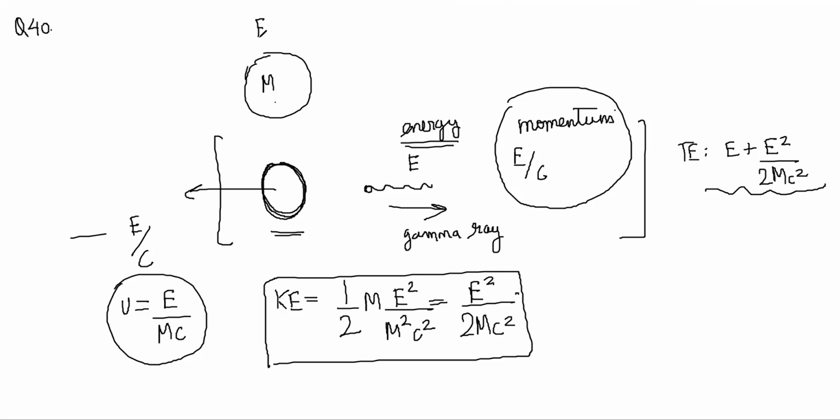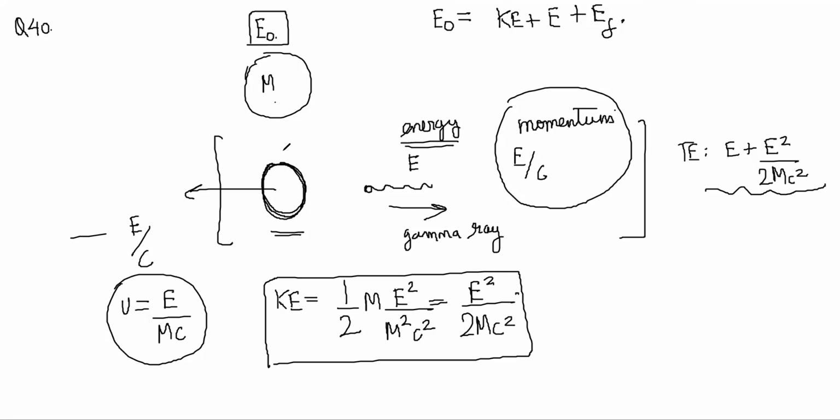Let's say this was E naught, the initial internal energy. By conservation of energy, E naught should be equal to the kinetic energy plus E plus E final.